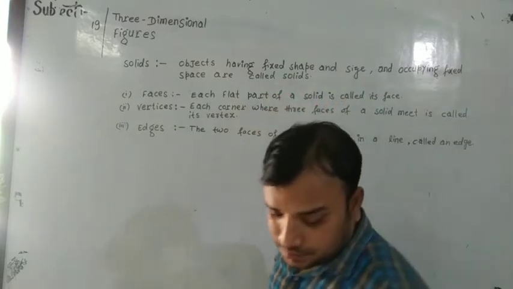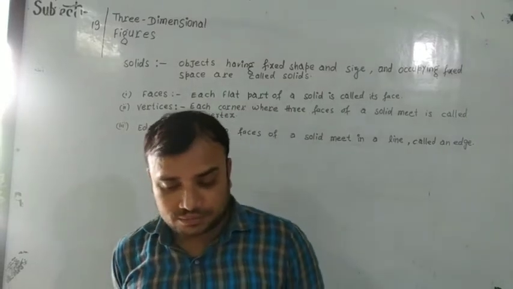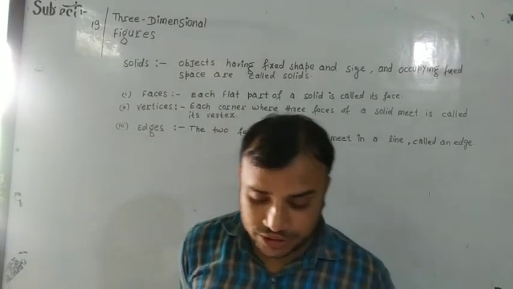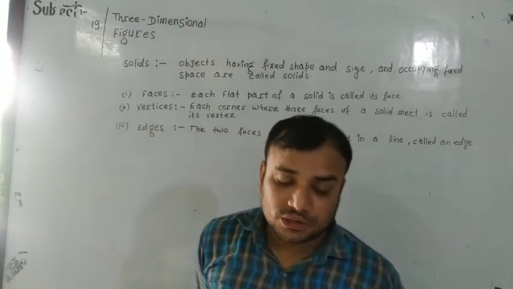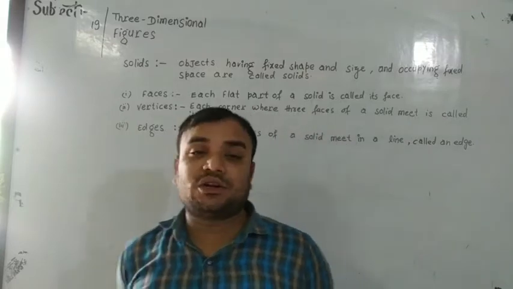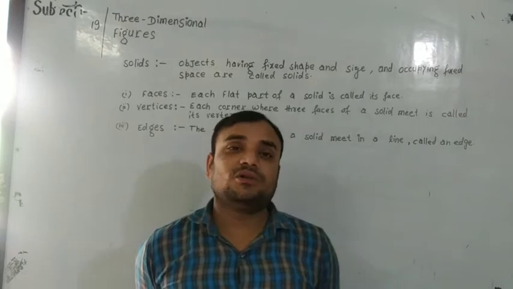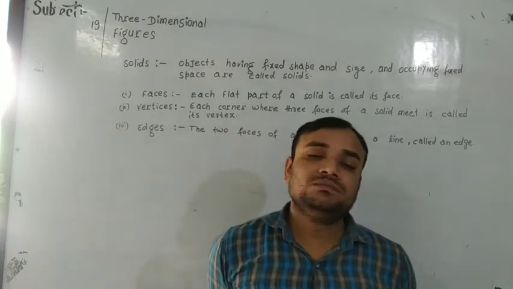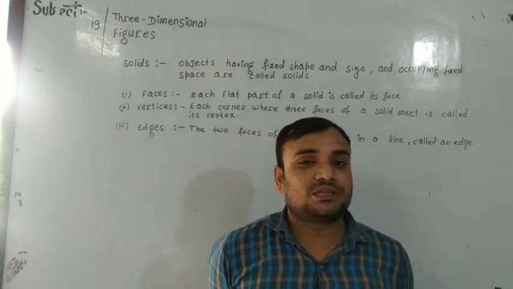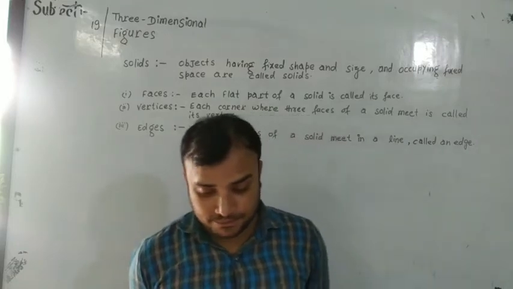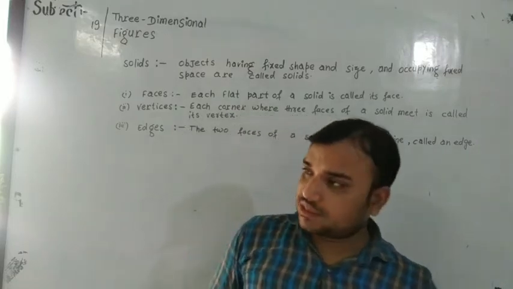Dear friends, there are various types of solids, and they are three-dimensional also. A solid is known as a three-dimensional figure, because in a solid there are three dimensions: length, breadth and height. Now there are some examples.